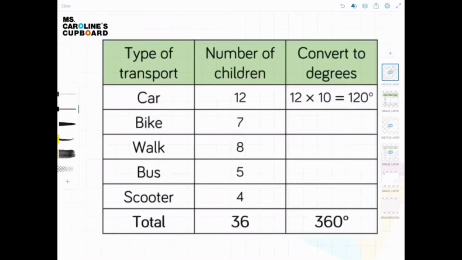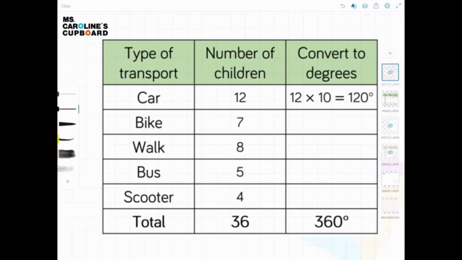Okay? So with that in mind, now let's have a look at our data again. Type of transport, car. Number of children, 12. We know that each child is 10 degrees, which means we have to find what 10 degrees times by the number of children is. So if the number of children is 12, we have to do 12 times 10 degrees, which is 120 degrees.